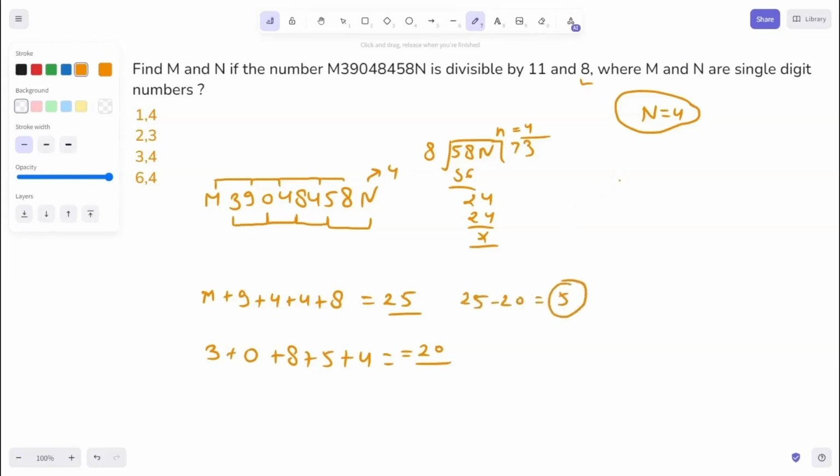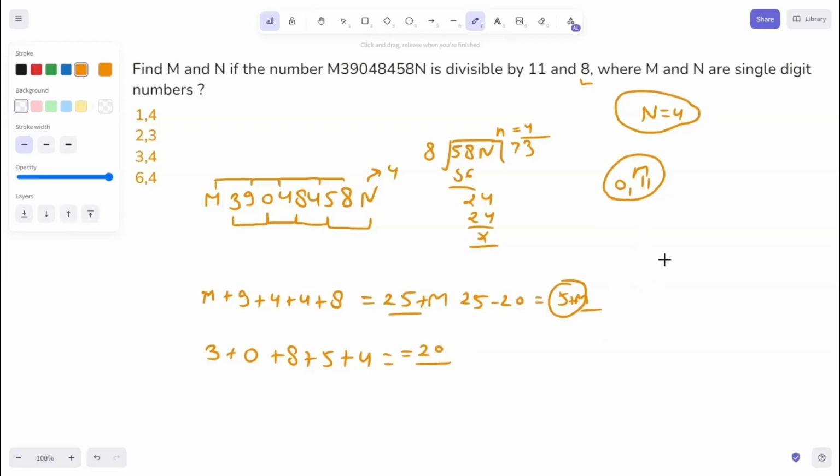What I told you is that the difference should be 0 or a multiple of 11. If we get this, it means it is divisible by 11. So what should we add to this 5? We have 25 plus m, and 25 minus 20 is 5, so the difference is 5 plus m. What will be the value of m so that the difference is 0 or a multiple of 11?